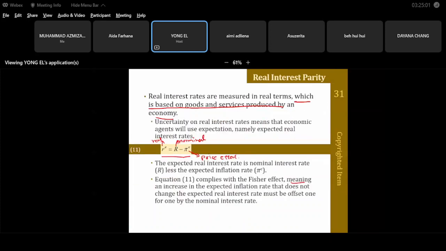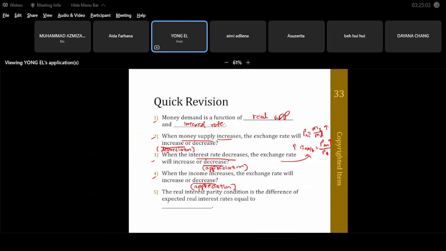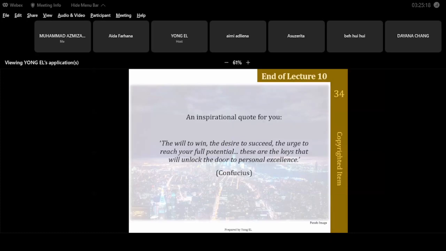The answer is the percentage change in real exchange rate. Okay, all right. I think that's all for today's lecture topic.